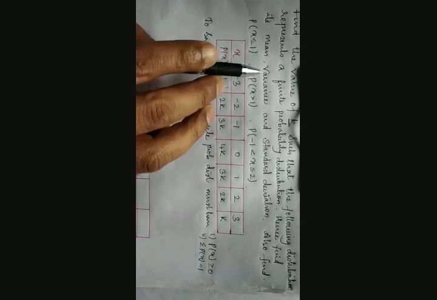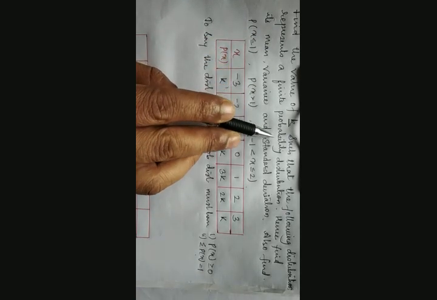But in this case, the value of k is unknown. When we have an unknown value of k, it is difficult to check these two conditions. Then we need to go with assumptions. What do we need to assume? Because they already said this table represents a finite probability distribution.